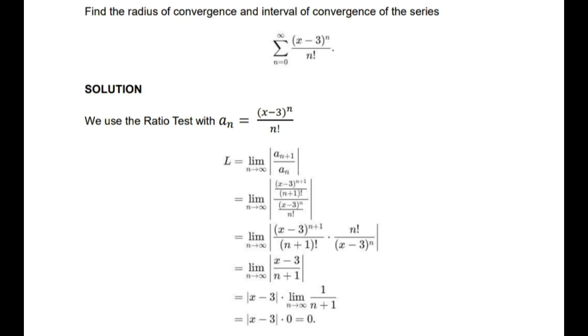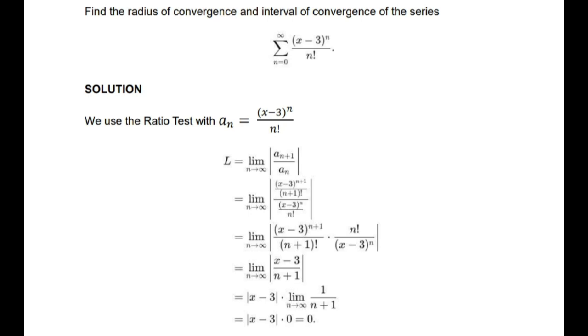We use one of the theorems from earlier, so we have the limit as n approaches infinity of the absolute value of a_(n+1) over a_n.